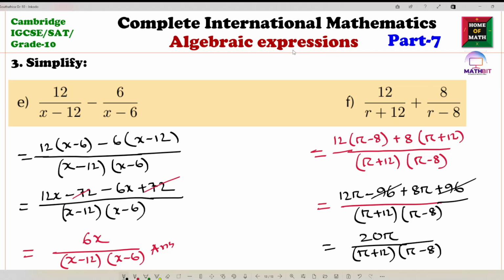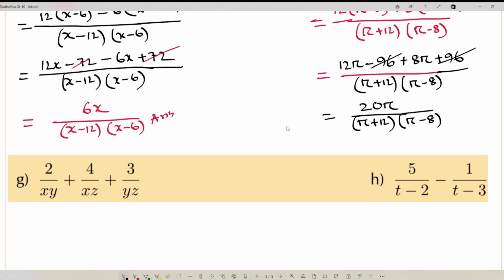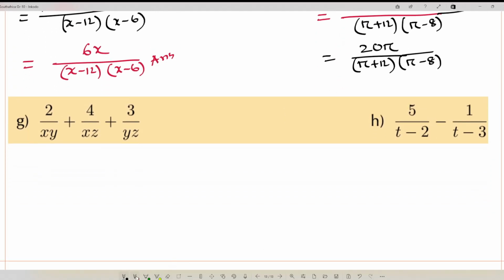We are doing subtraction and addition of algebraic fractions, and today's last part, G and H, we try to solve. Look, here is 2 over xy plus 4 over xz plus 3 over yz. So look, here is xy, here is xz, and here is yz. If we find the factorization, we know common and uncommon factors will be put in the LCM.